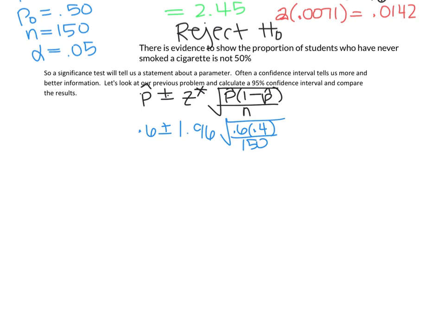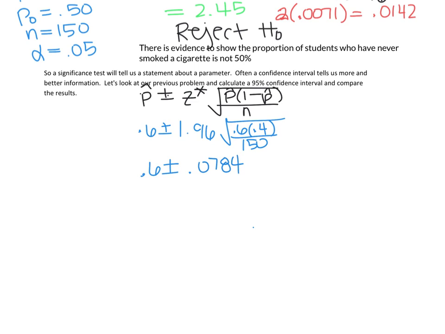Okay. So we do 1.96 times the square root, and we get 0.6 plus or minus 0.0784.